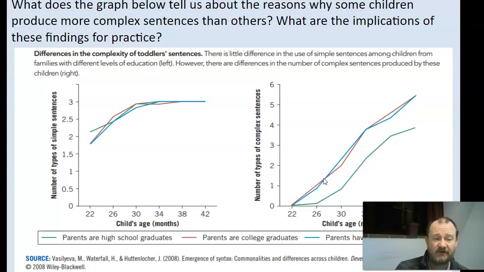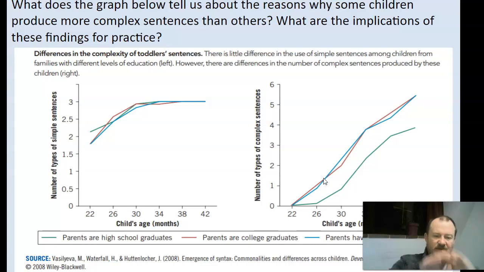So the number of types of complex sentences, so it's not just about vocabulary, it's also about the sentence structure and how we structure sentences and how we structure our thoughts, because we often structure our thoughts using language.